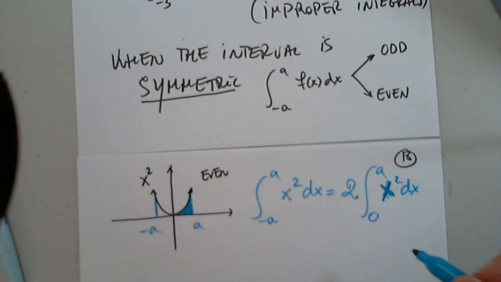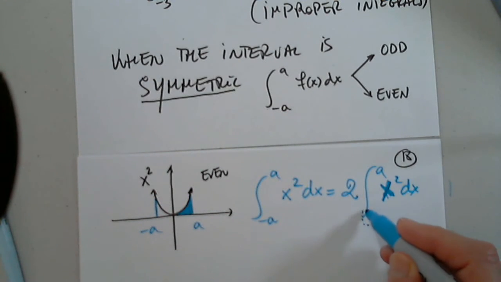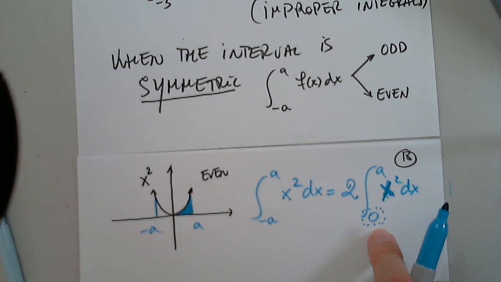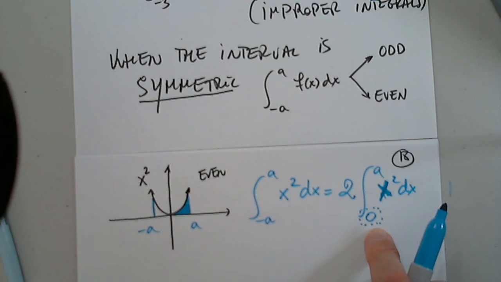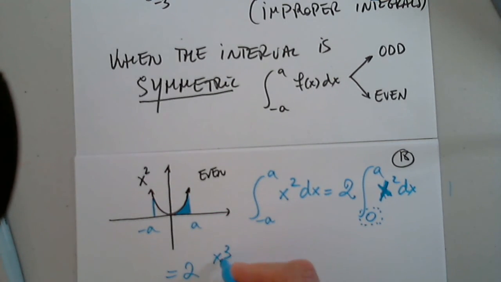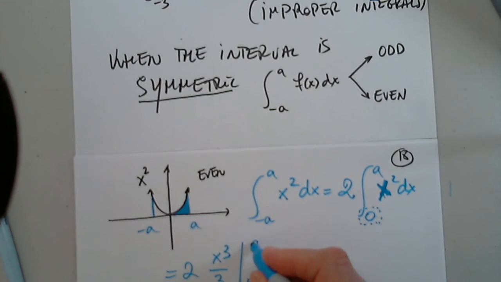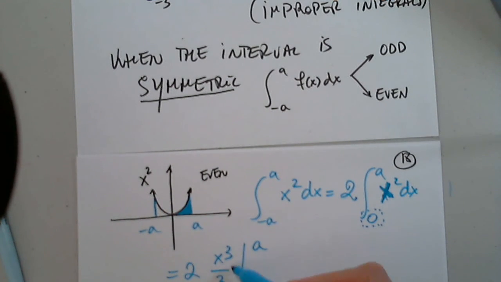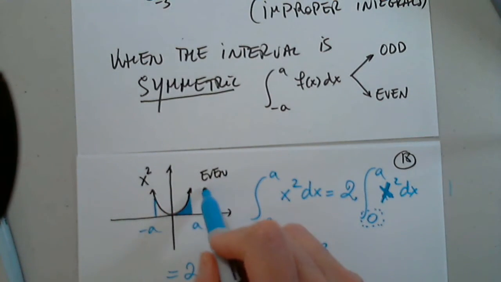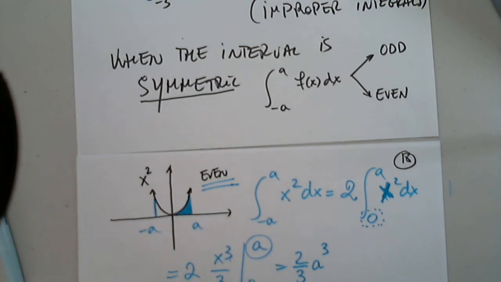Do I have to do this? No. But if you always see that 0 as the lower limit, it will make my life easier. 0 is always easy to plug in, right? So then I'll determine 2 times x to the third over 3 from 0 to a, whatever that a is. And I don't need to plug in 0 because it's 0. So I get 2/3 a to the third, whatever a you want. Because the function is even. So I'll try to make my life easier in that way.